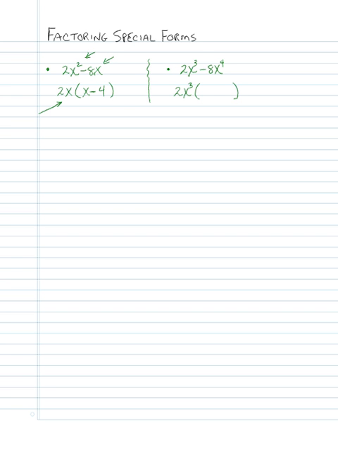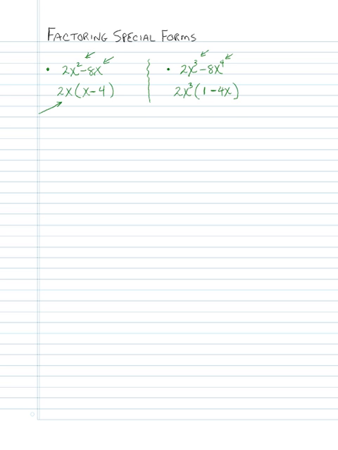In this example, the two exponents on x are 4 and 3, so we use the lower power. So 2x cubed times what gives 2x cubed? We need a 1, don't we? And 2x cubed times negative 4x is how we get negative 8x to the 4th. And so we have factored out the common factor again.